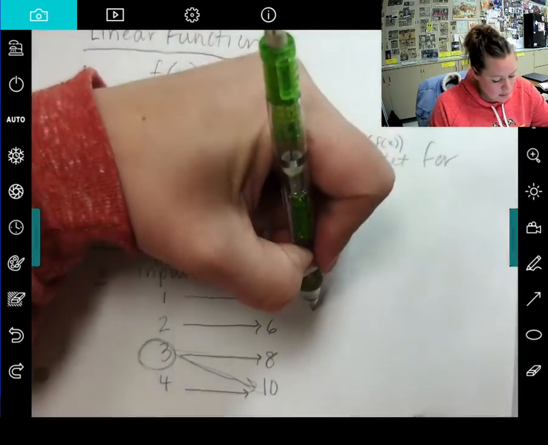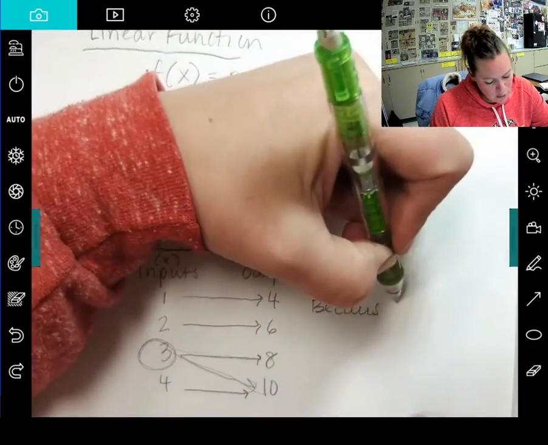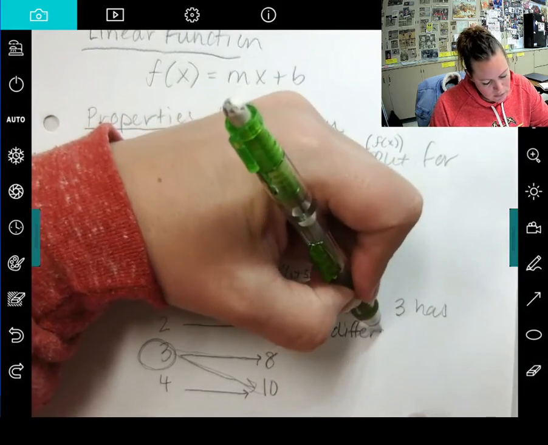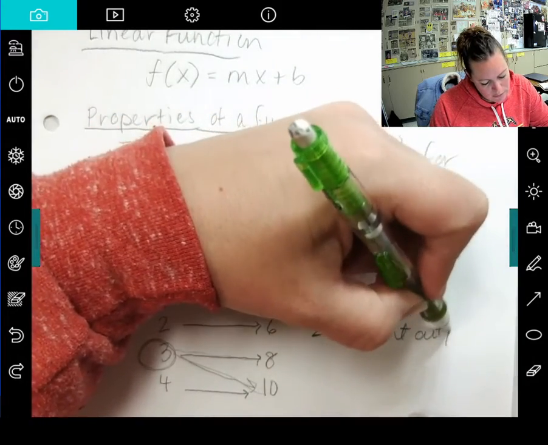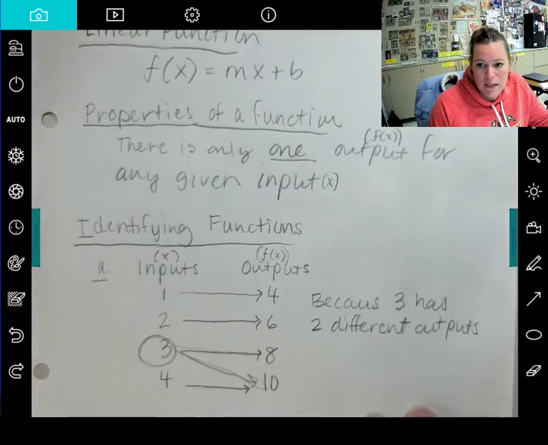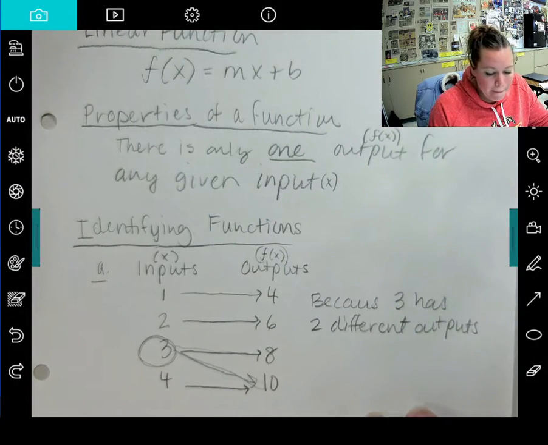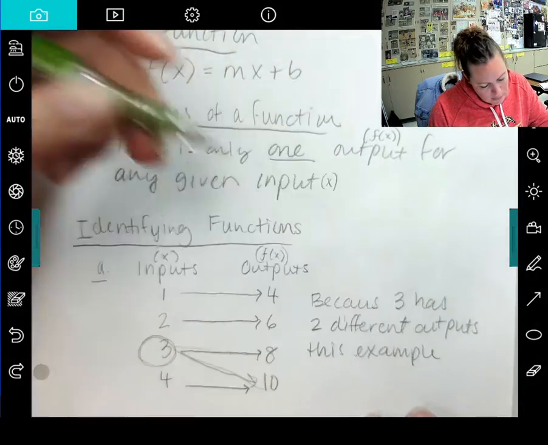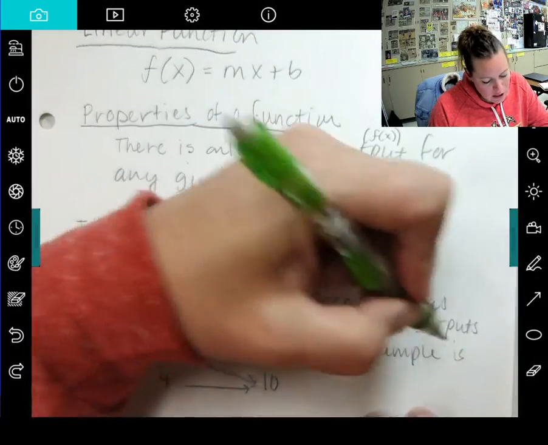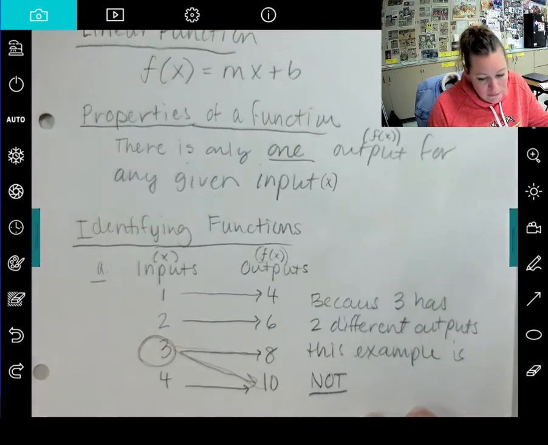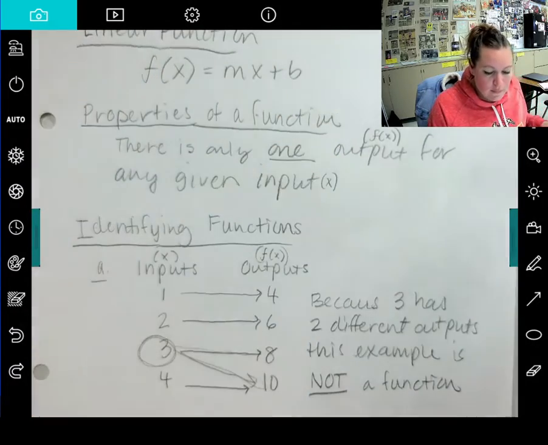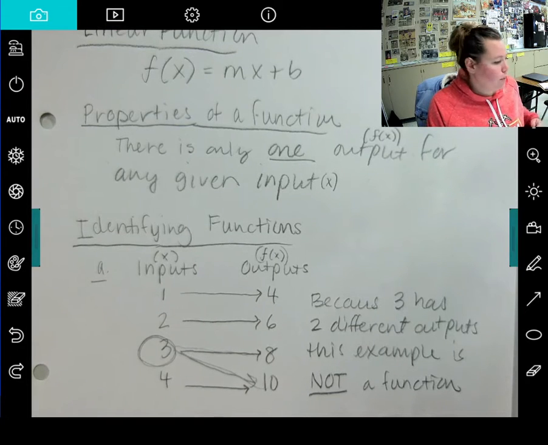So we would say, because 3 has 2 different outputs, this example is not a function. It's very important to make sure that there is only one output for every input.